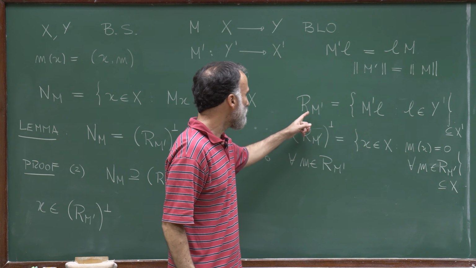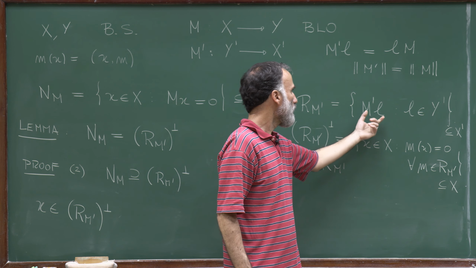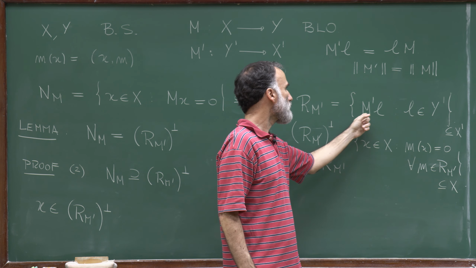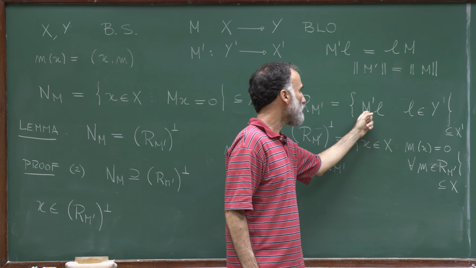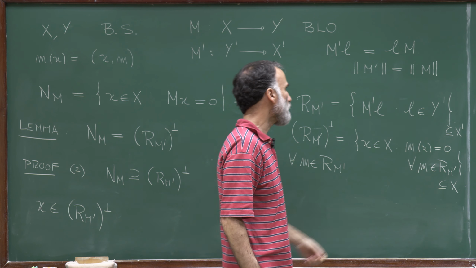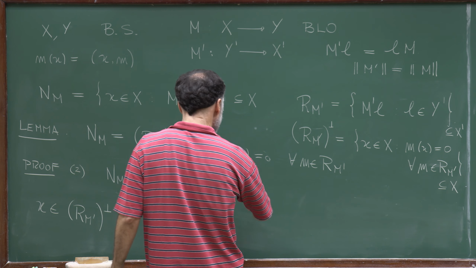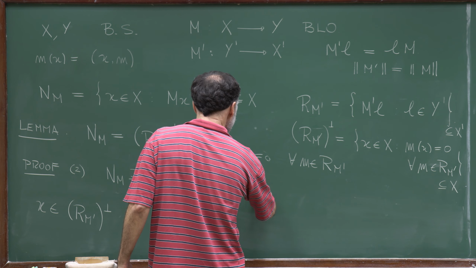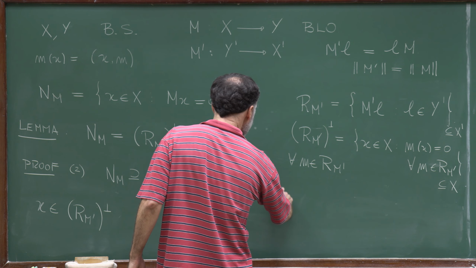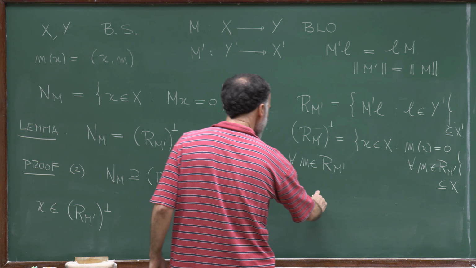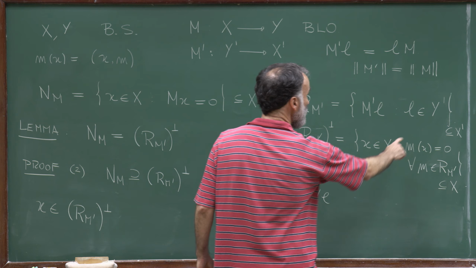But the range of M prime is formed by all bounded linear functionals of the form M prime L for L in Y prime. So this tells me that M prime L of X is equal to 0 for all L in Y prime.